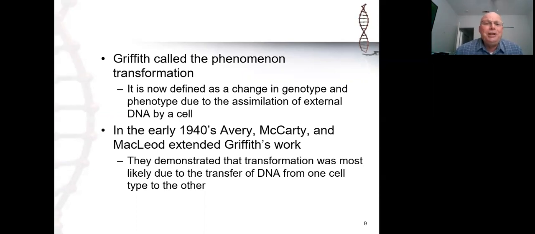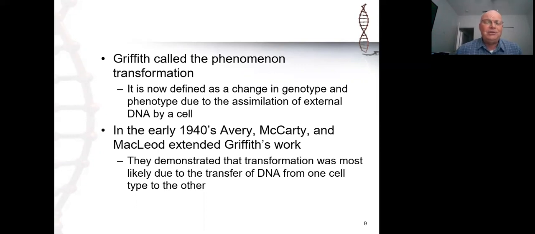So the first thing they did was to repeat Griffith's work and figure out that, yes, Griffith was in fact correct, that you could transform living R cells into living S cells using the presence of dead S cells. But then they continued to play with the system, and they eventually discovered that you really didn't even need to have the dead S cells present.